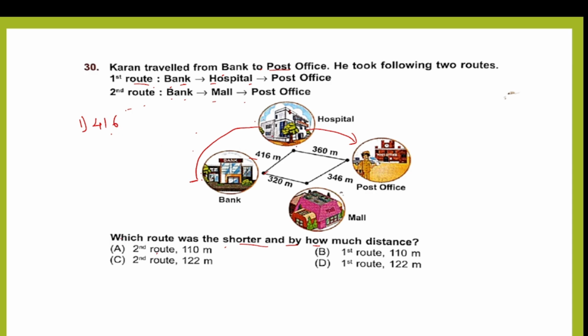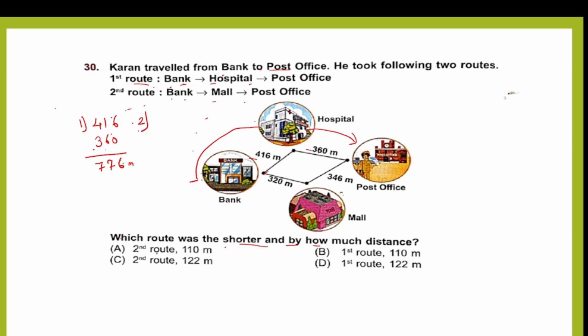And from hospital to post office there is 360 meters. So if we add here, this is 6 plus 0, 6, 1 plus 6, 7 and 4 plus 3, 7. So 776 meters Karan wants to travel from bank to post office via hospital, that is the first route.